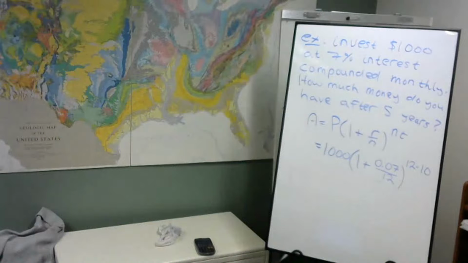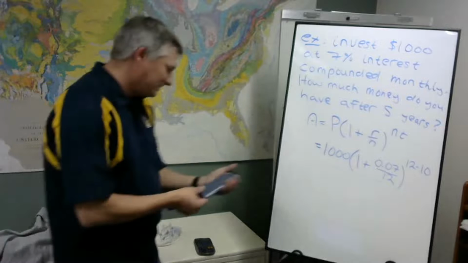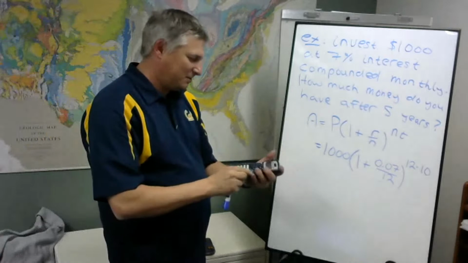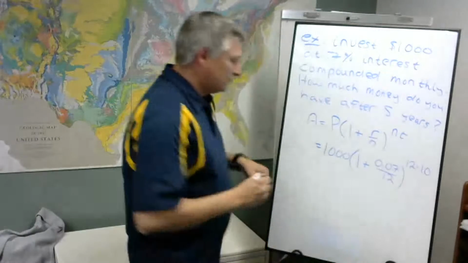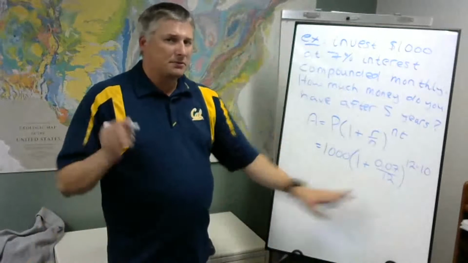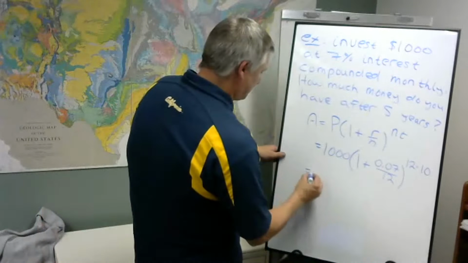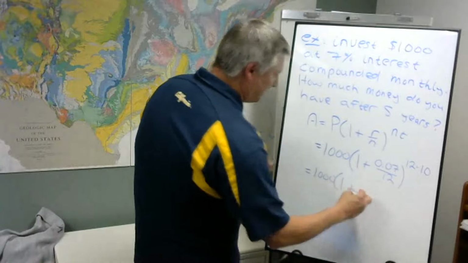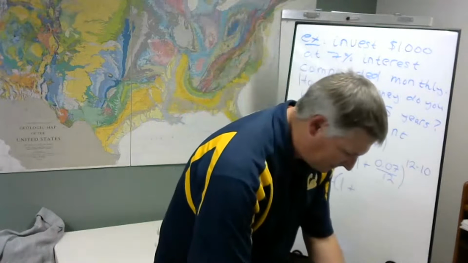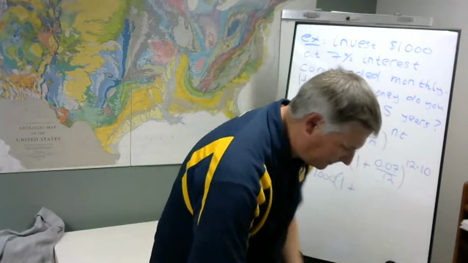Here, let me get a slightly different calculator, this one's sort of lost in a peculiar mode. So I'm going to have to use this one and figure out that mode later. But hang on to your decimal places until the very end. So this will be 1,000 times 1 plus 0.07 divided by 12.